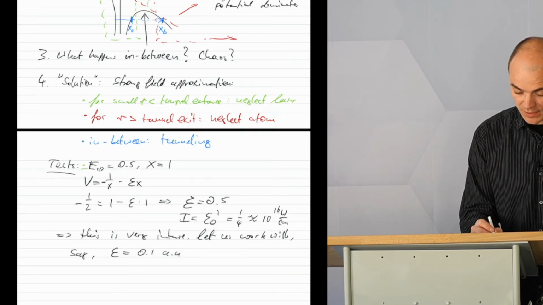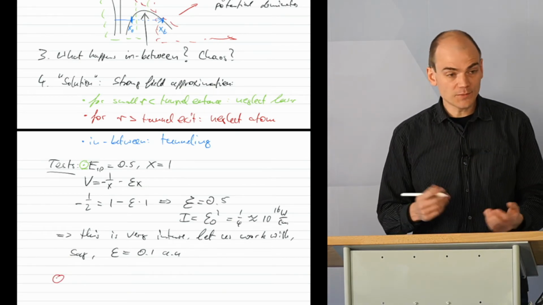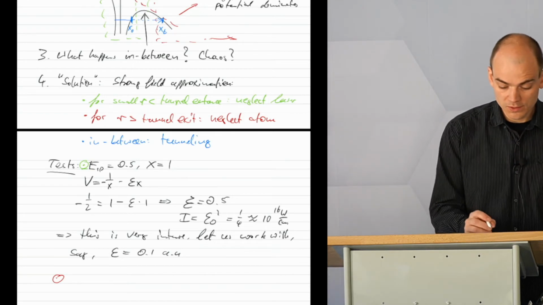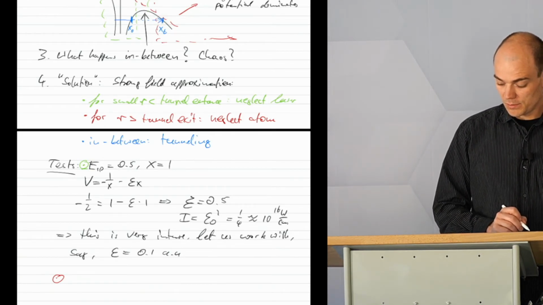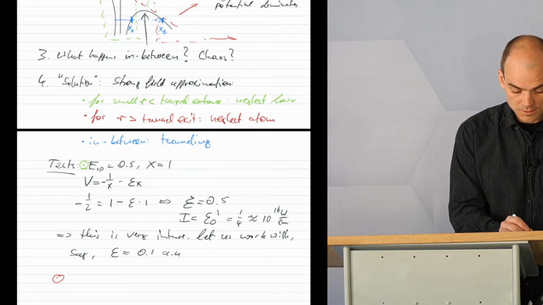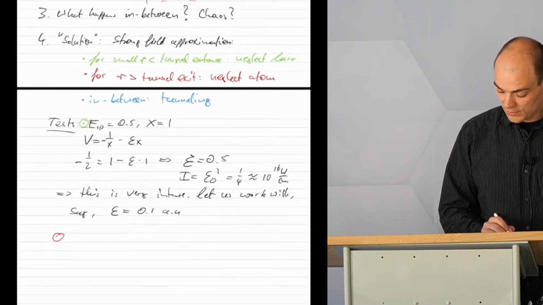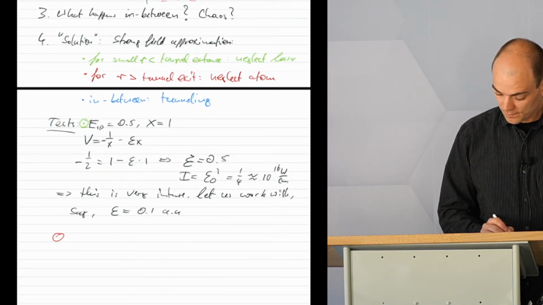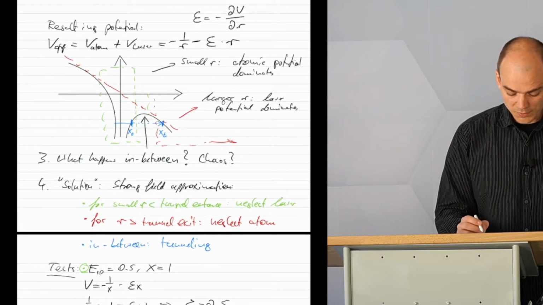Now the second test is what happens after tunneling, when the electron is here, and for this we need to calculate the position of the tunnel exit. Well, we can make a very simple approximation here.